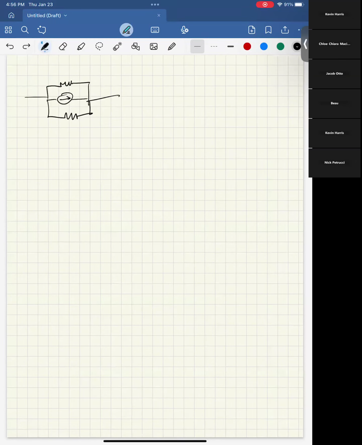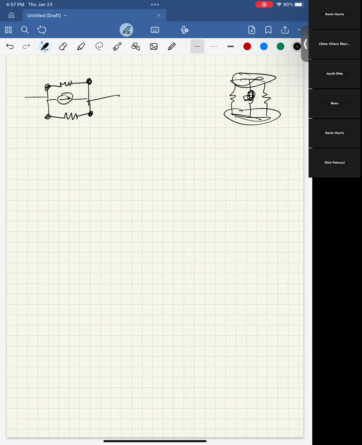For two things to be in parallel, they just have to be connected by wires at both ends. Even though these have something in the middle, they're still connected at both ends. If you think of the wire as a big metal plate, even if I have a resistor here and a resistor here, they're still connected at both ends, and you can think of them as in parallel. So that would still work.